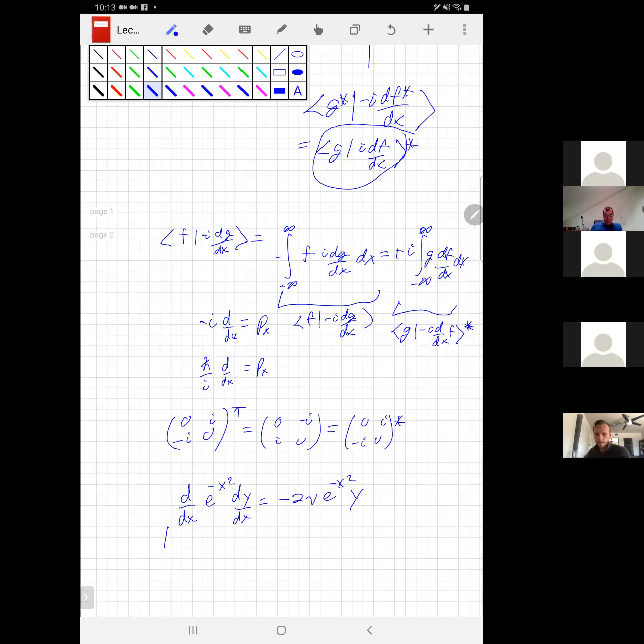And this is a Hermitian operator because this is px e to the minus x squared px. It's just a product of 3 Hermitian operators in a symmetric order.